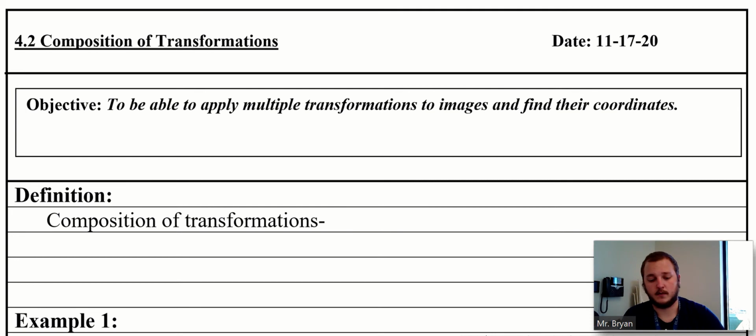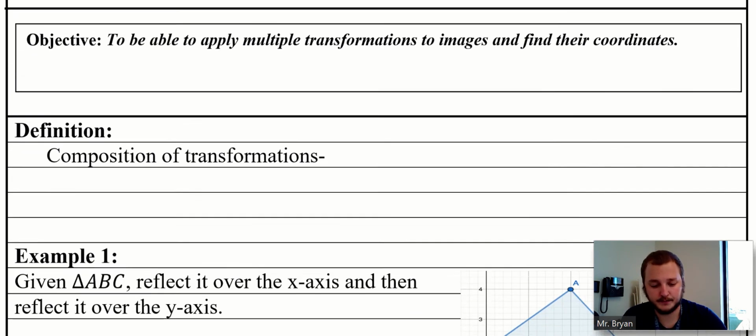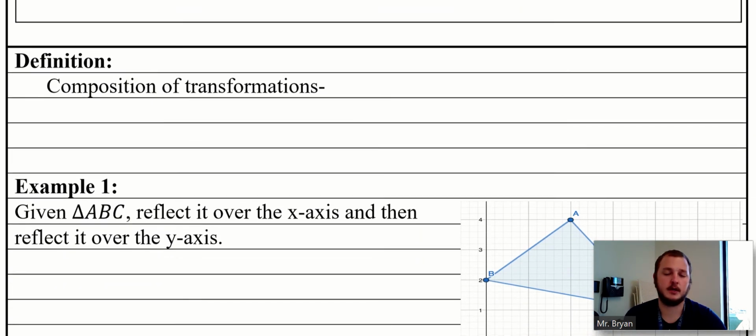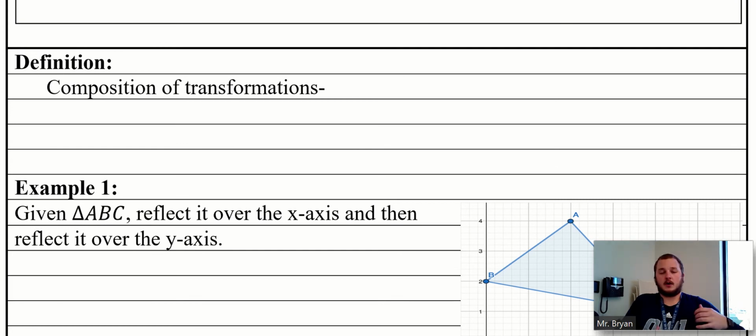Okay, so first definition here, we need to talk about composition of transformations. All this means is I'm basically just adding a second step.